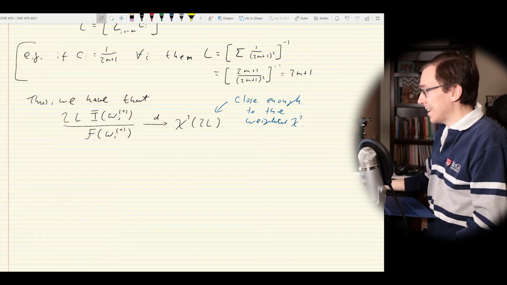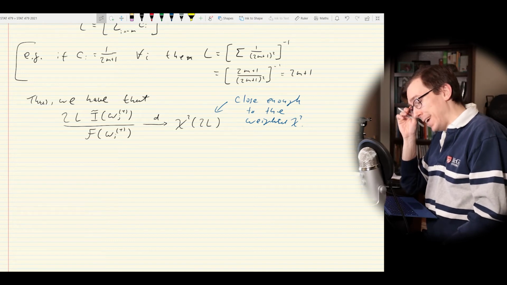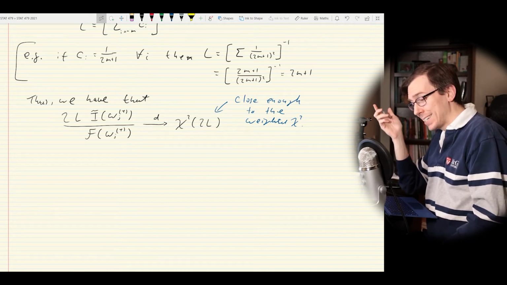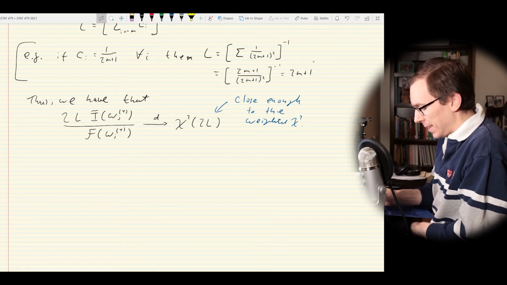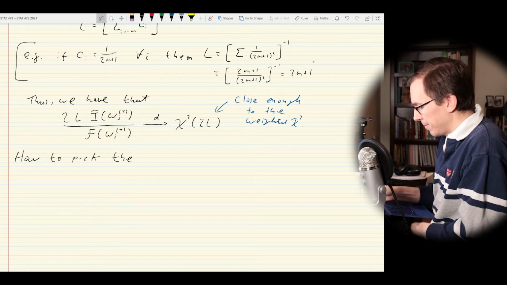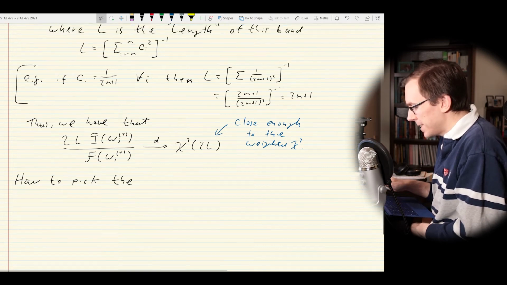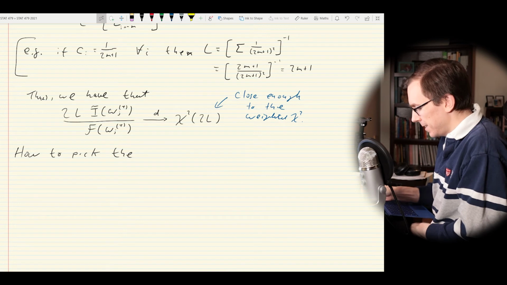Okay, so then the next thing is how in the world do we pick a good weighting scheme? So, how to pick the, I think I was calling them C, right? CIs.